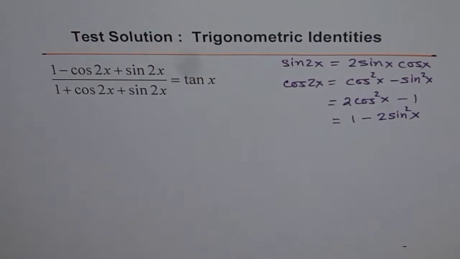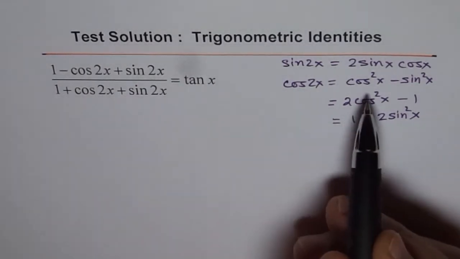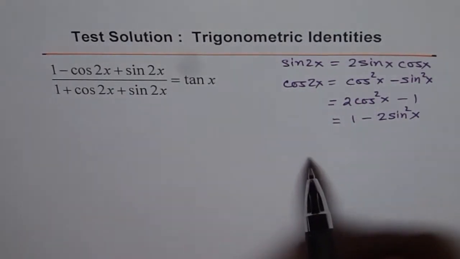Now this particular question is very beautiful and it utilizes all these formulas, and that's the beauty of this question, okay? So let's look into this solution now. What I'll do is that now I have the option of cos 2x. I could write any one of these.